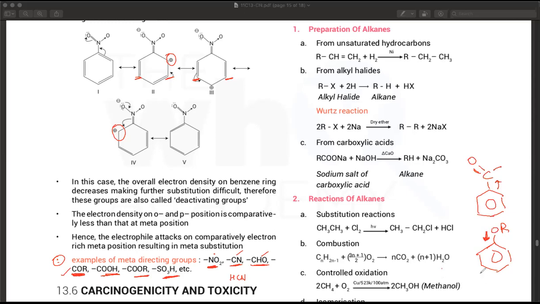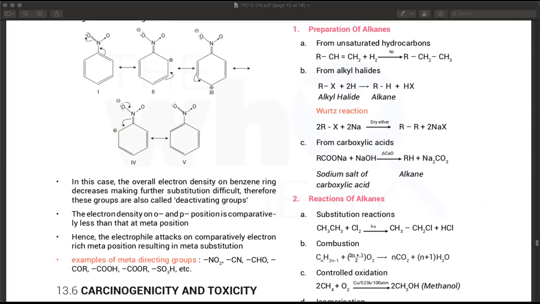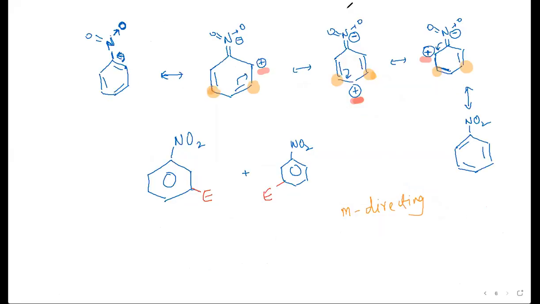So those are examples of electron donating and electron withdrawing groups. Let's do a little bit of practice. I'll write the groups here and you predict. If I have aniline, is this going to form ortho para or meta?